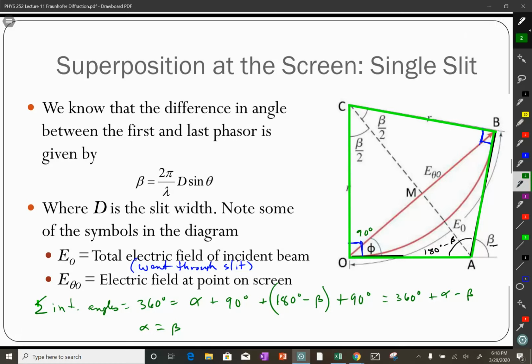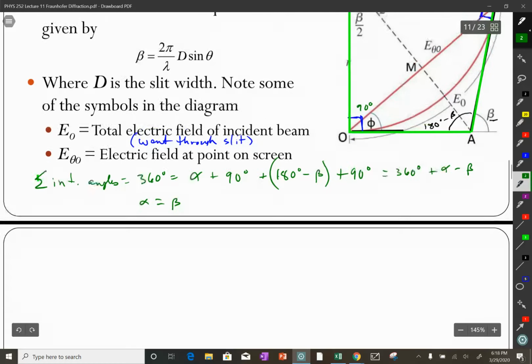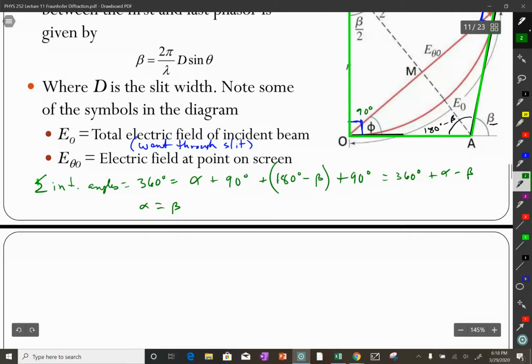Well, we have a couple trig relations that we can do. First, arc length is always S equal to radius times the angle. So in this case, the arc length is E0. That gives us E0 equals radius times my angle, which was alpha, which turned out to be beta.